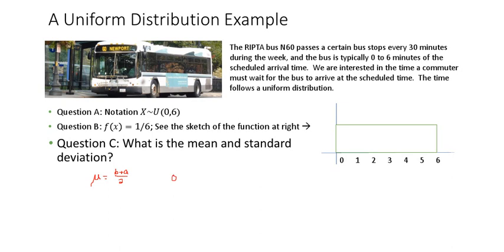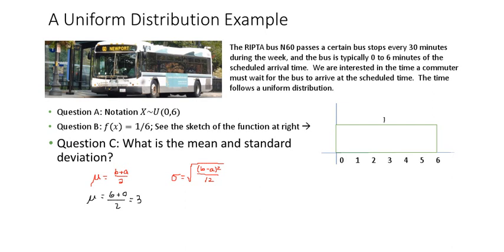And to get the standard deviation, we're going to take the square root of the difference of b minus a, squared, divided by 12. So making the appropriate substitutions into our formula right here, our mean is going to be 6 plus 0 divided by 2. And we know that 6 divided by 2 is equal to 3.